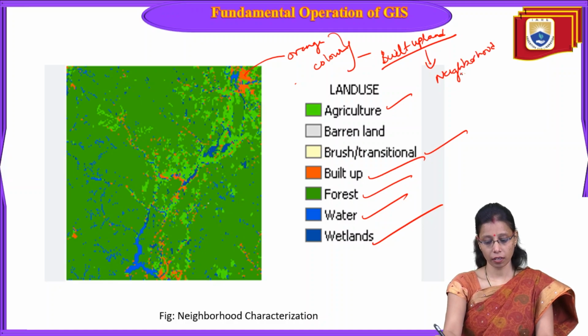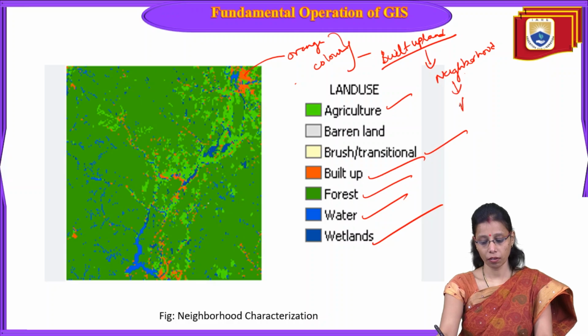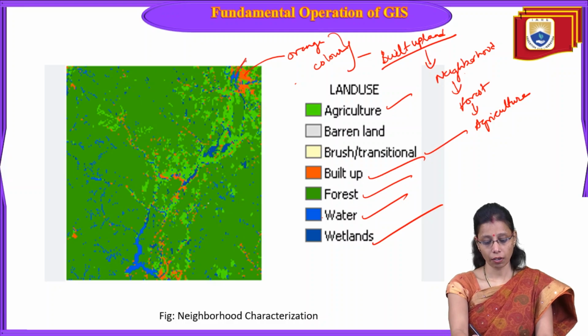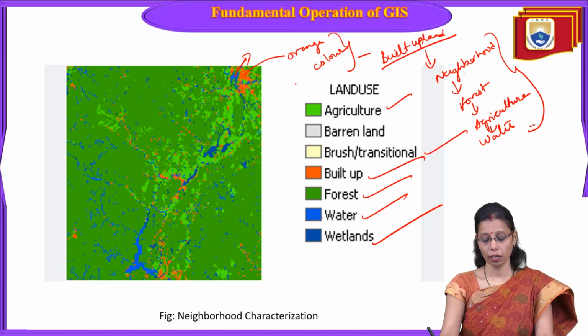You have a neighborhood of forest and water. Here is the forest, and this portion is agriculture. And you have water here, agriculture here, water, forest. So these are all your neighborhood characterization.